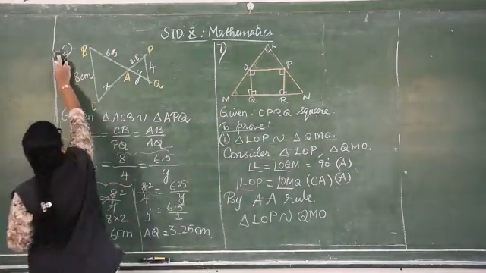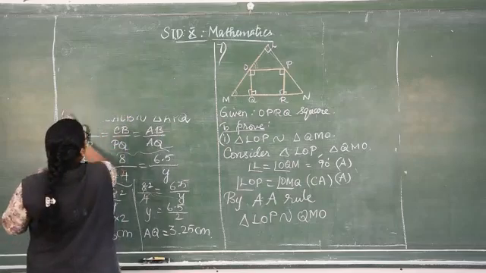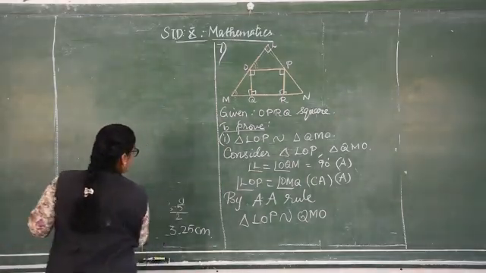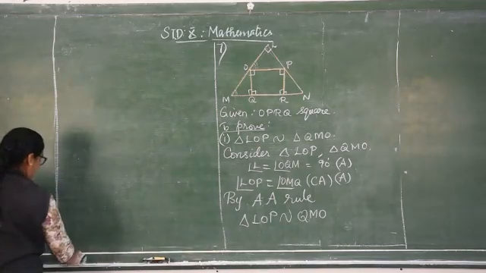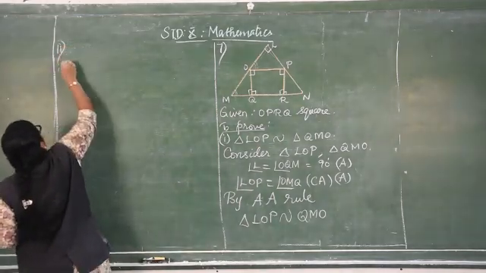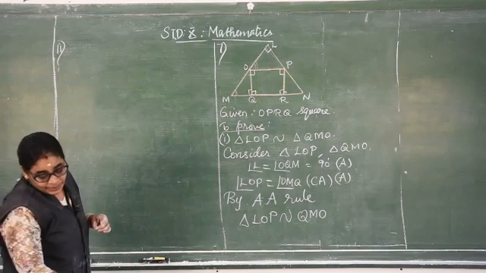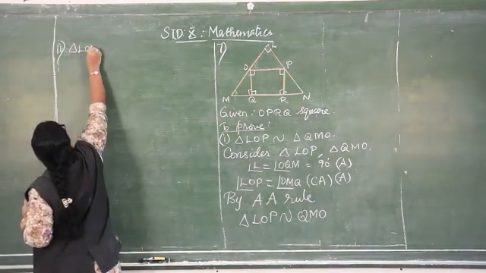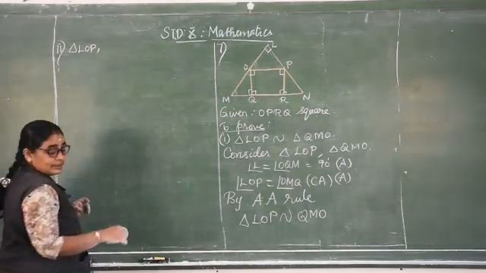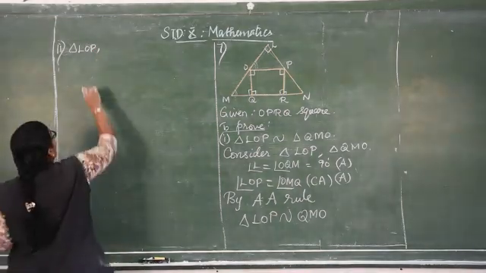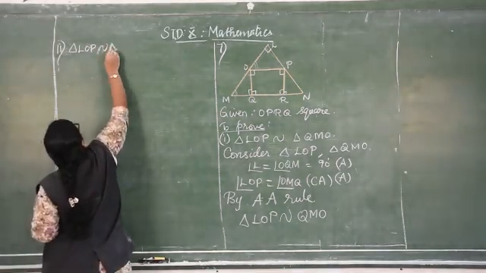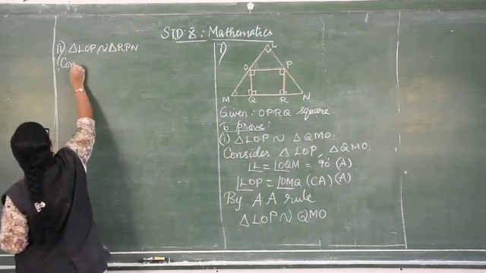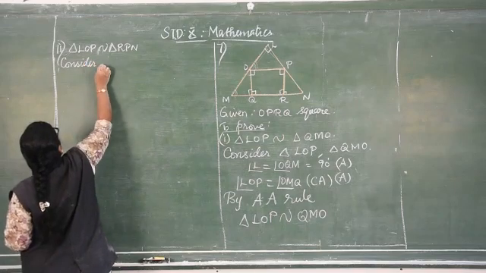Now the second part. We are having 4 parts in that. So the second condition: triangle LOP and triangle RPN. So I consider it the same way as they have given, so it will be easy for us.